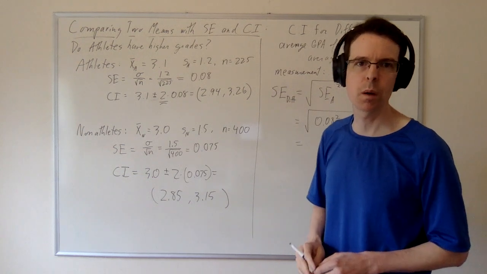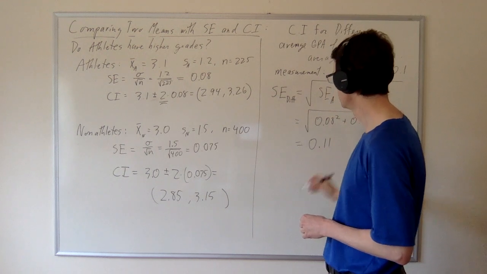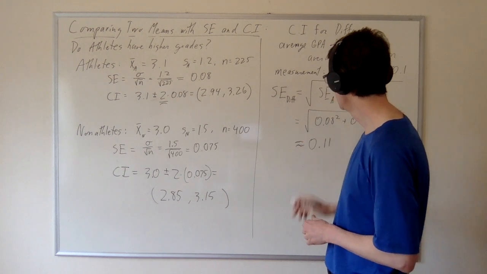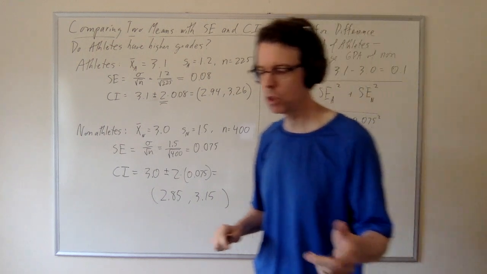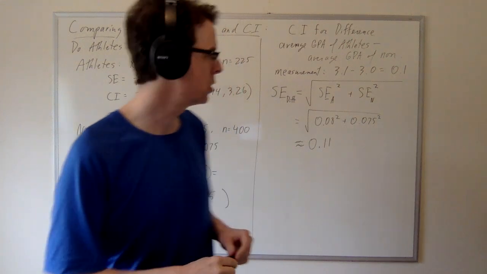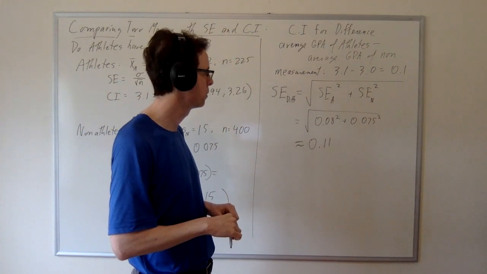And this will work out to be approximately 0.11. So that's approximately 0.11. And that is a standard error not for the athletes' GPAs, not for the non-athletes' GPAs, but a standard error for the difference between their GPAs.